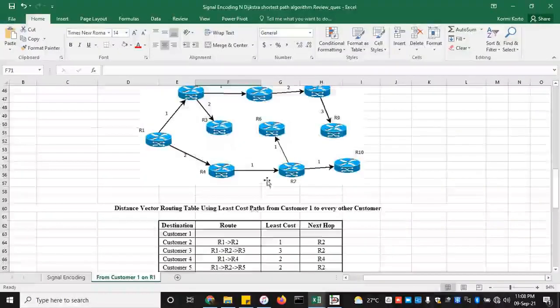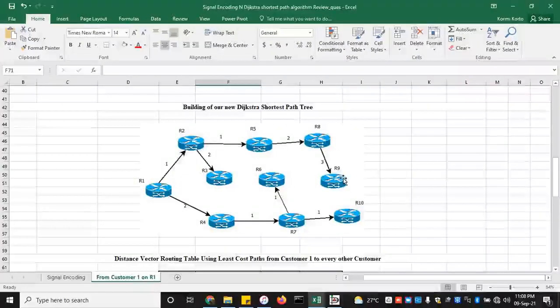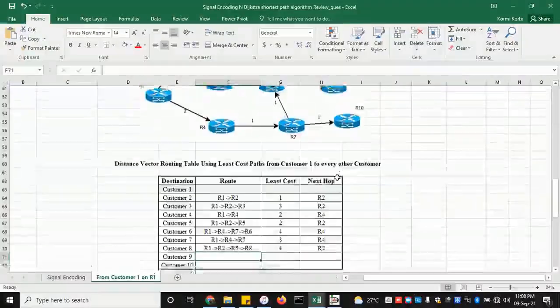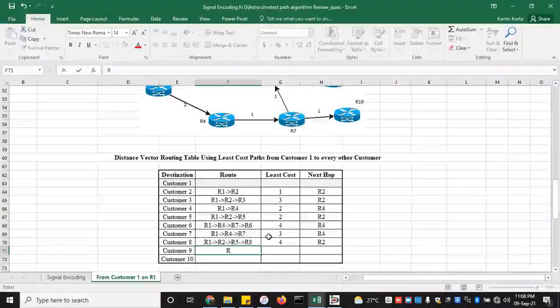For 9, it was just the same. It was this route just to get to 9. So R1, R2, R5, R8 to R9.